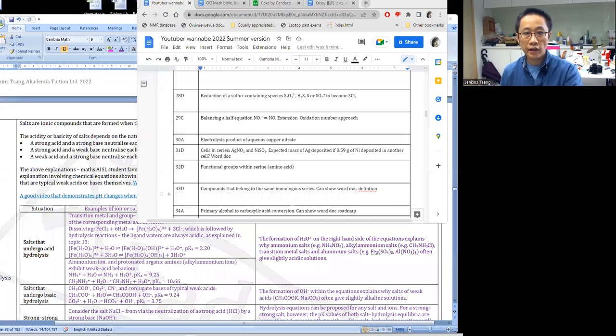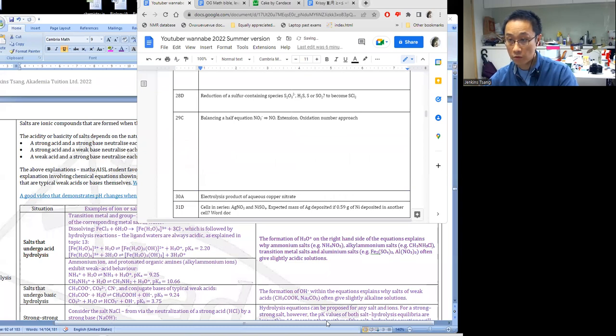Now, question 29, how many electrons are needed to balance the half equation involving NO3 minus and NO as the starting and final form of nitrogen? They do give you the equation with H plus and e minus shown. So a super fast approach is just to work out the oxidation number.